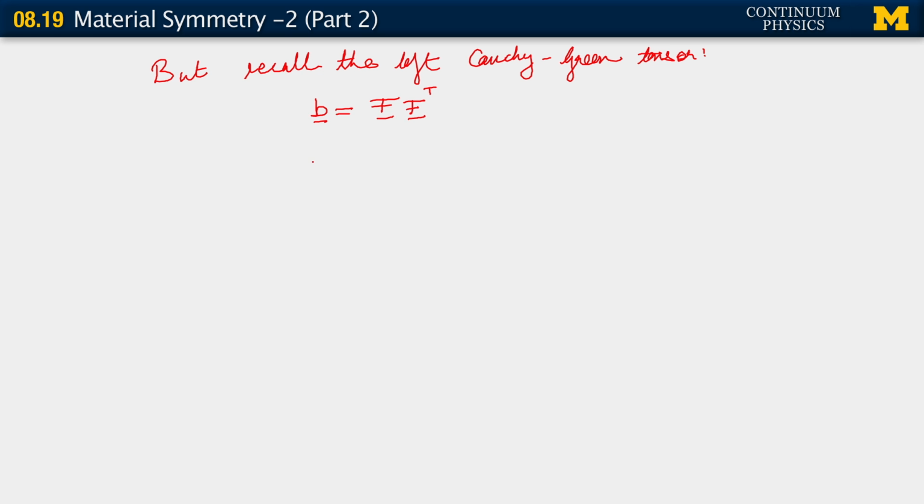What we showed back then is that V squared equals B. So since material isotropy implies that psi as a function of F should be a function of V, we observe that it can also be a function of B, for isotropy only.